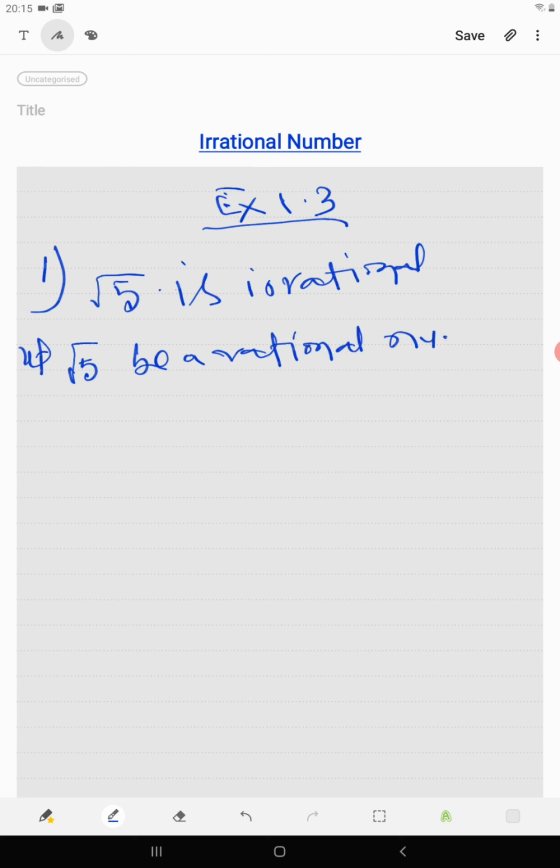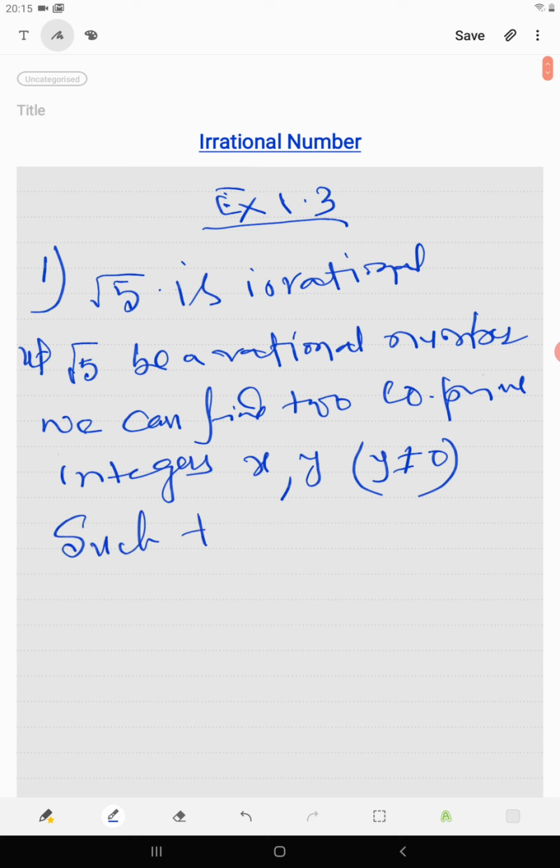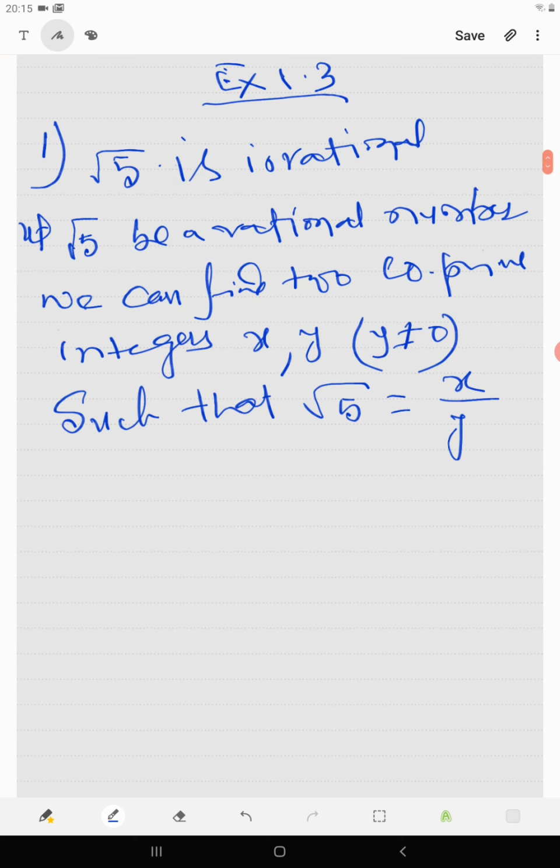Since it is a rational number, we can find two co-prime integers x and y, where y is not equal to 0, such that root 5 equals x by y. Clear? So we have assumed it's a rational number.